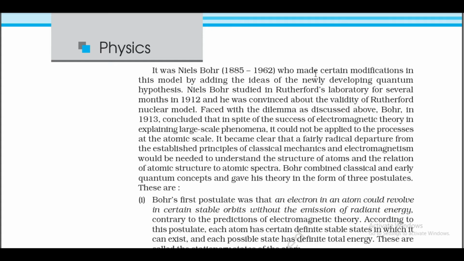Faced with the dilemma as discussed above, Bohr in 1913 concluded that in spite of the success of electromagnetic theory in explaining large-scale phenomena, it could not be applied to the processes at the atomic scale.